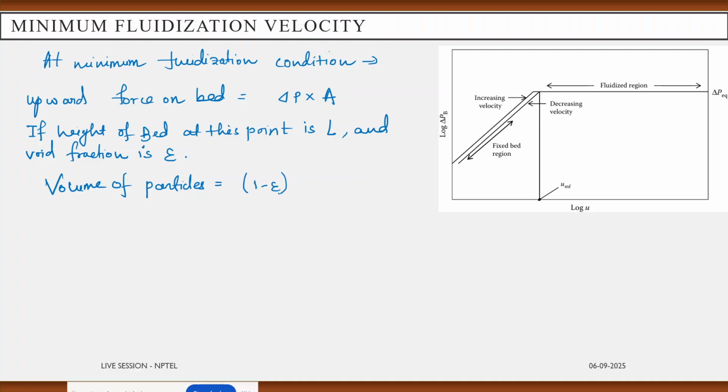That is 1 minus epsilon into A into L. Now there is a net gravitational force acting on the particle also.